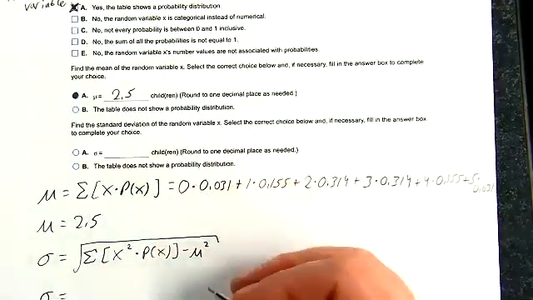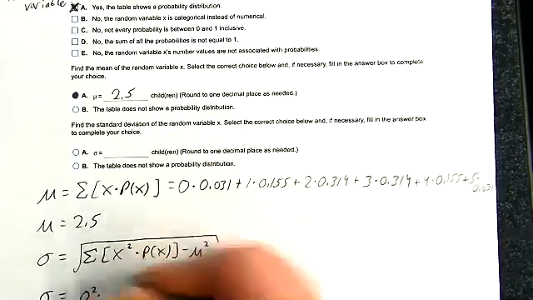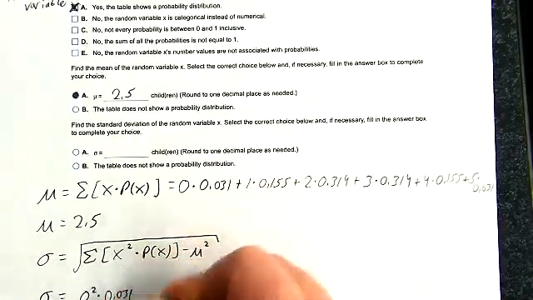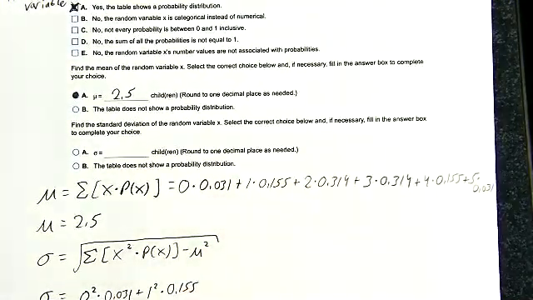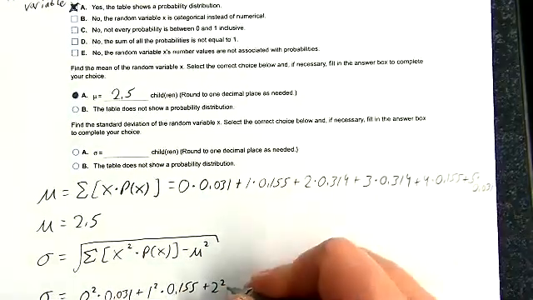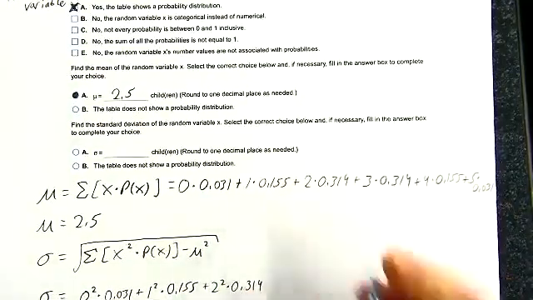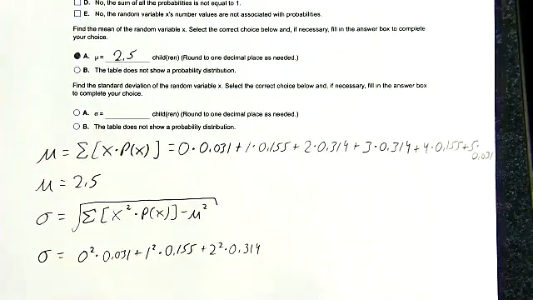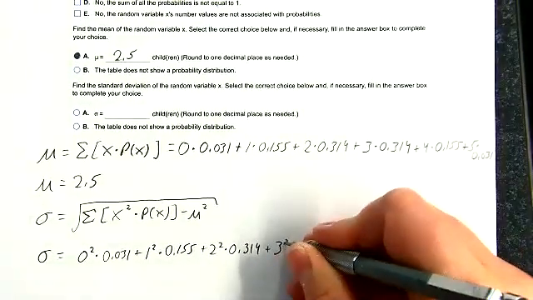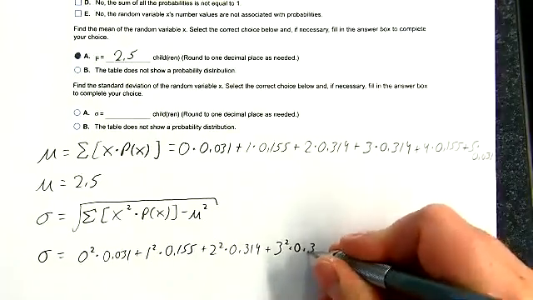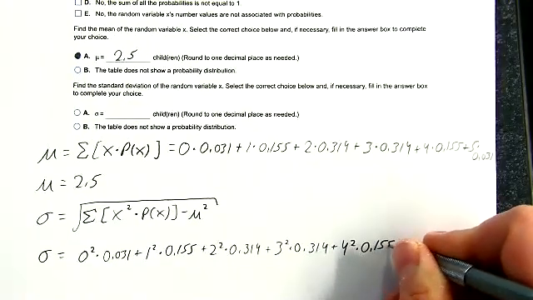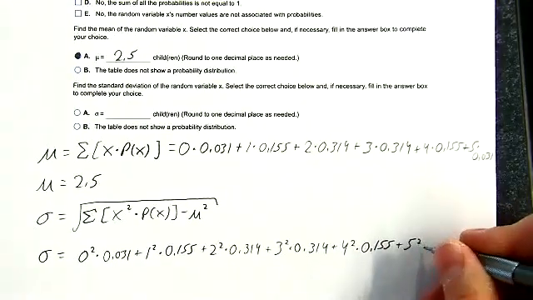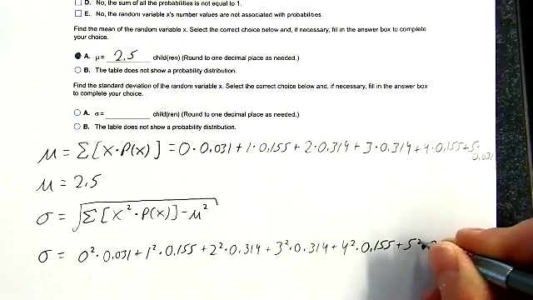So it'll be 0 squared times that 0.031 plus 1 squared times the 0.155, 2 squared times the 0.314, 3 squared times the 0.314, 4 squared times the 0.155, and then finally 5 squared times the 0.031.